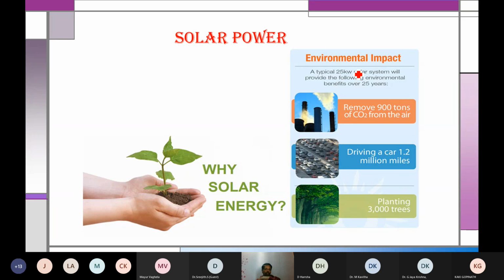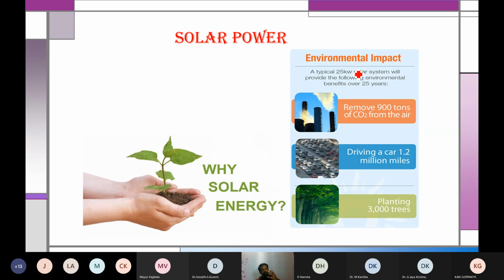If you see the renewable energy scenario, just 10 years before, the total installed capacity in our country was around 160 gigawatt of renewable energy. By 2030 it is expected to be 830 gigawatt. And if I take solar, 5.5 years ago it was only around 2.6 gigawatt.